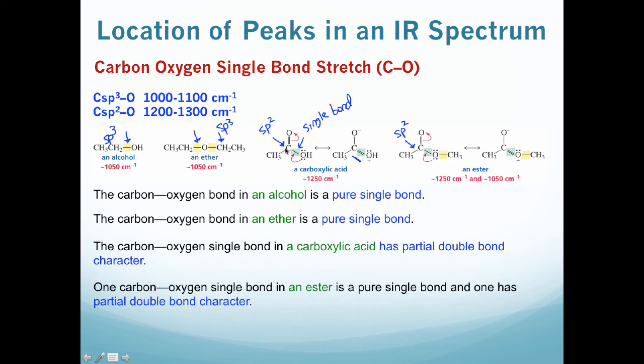So if the carbon is sp2 hybridized, the carbon-oxygen single bond stretch is going to be between 1200 and 1300 wave numbers. So in this case, 1250 wave numbers for the carboxylic acid, and then the sp2 carbon-oxygen single bond stretch in an ester, that's going to occur at about 1250 wave numbers. Now with esters, we also have this sp3 carbon-oxygen bond right here, and that is going to show up as would be expected at 1050 wave numbers.